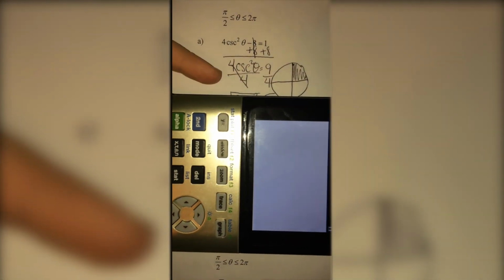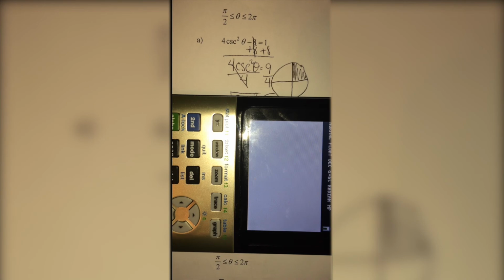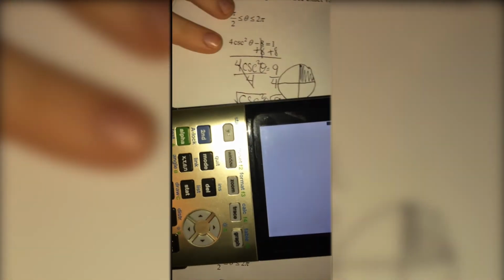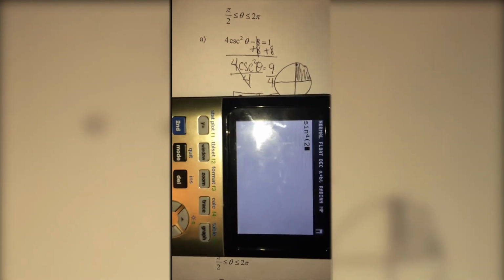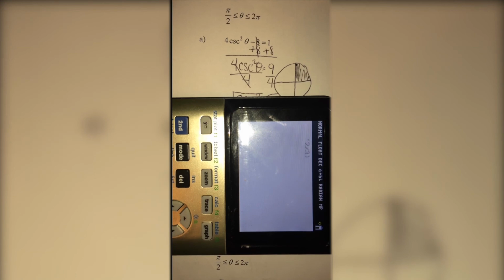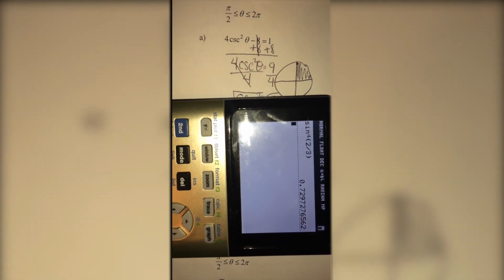Now take your calculator. Now find your first number. Inverse of sine of 2/3. Okay, so that would be your first quadrant number, but that's outside of our domain, so just store it.